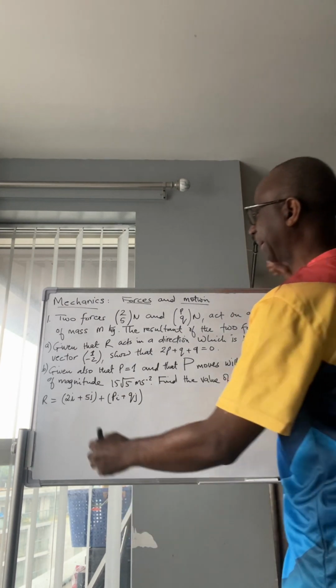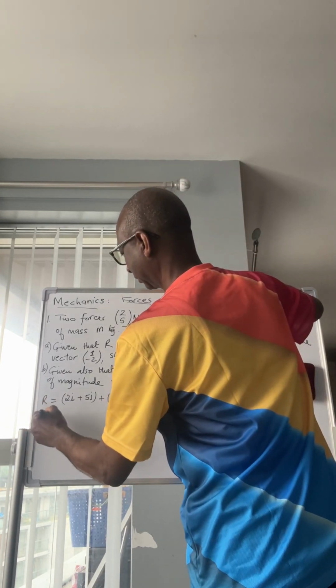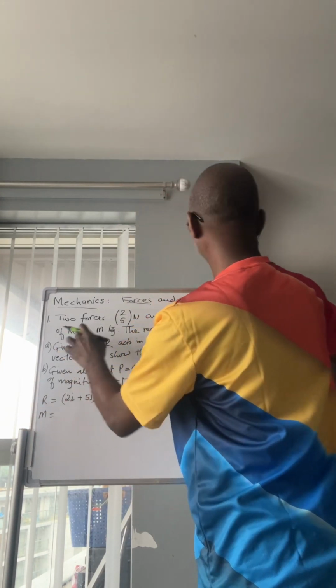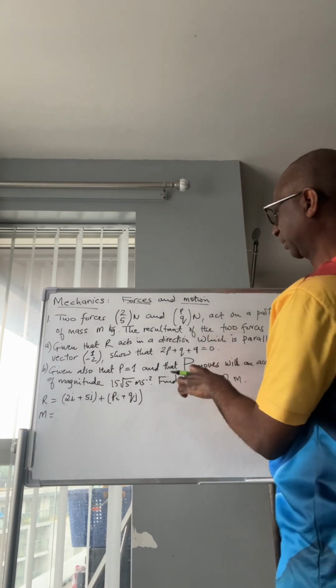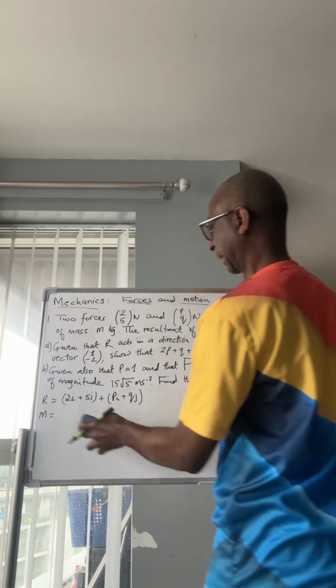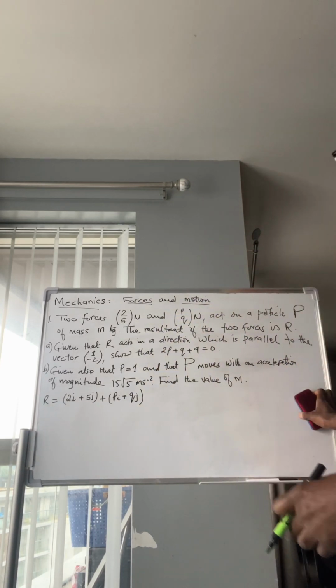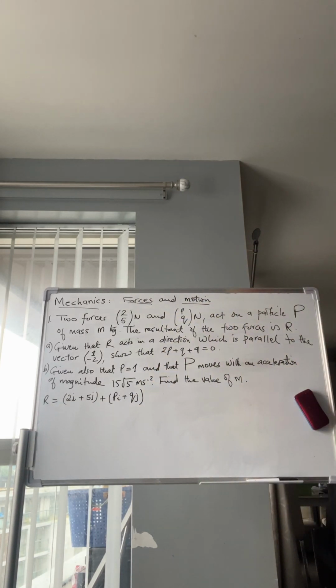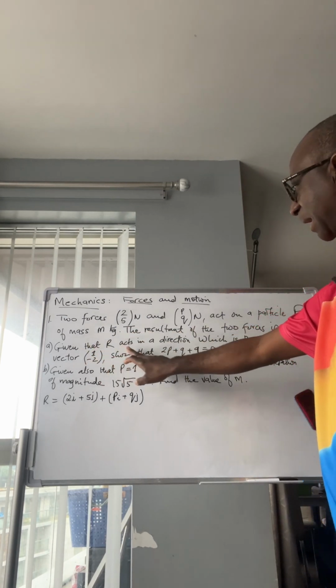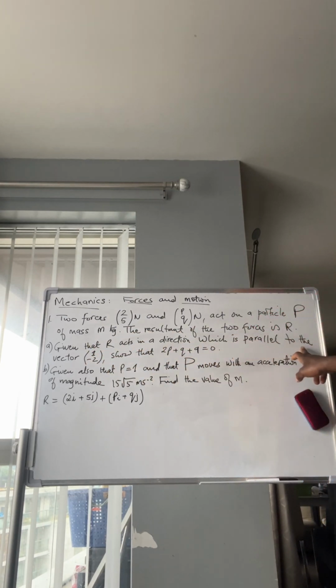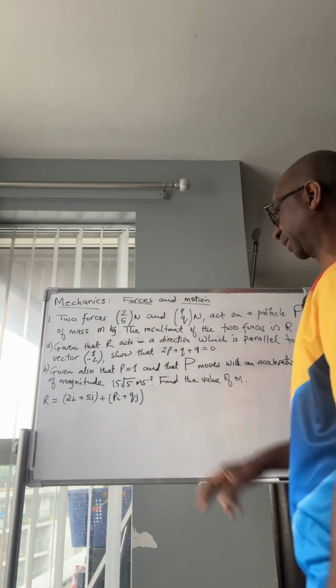We are told that the resultant of the two forces is R, that is that one, and given that R acts in a direction which is parallel to the vector, correct?